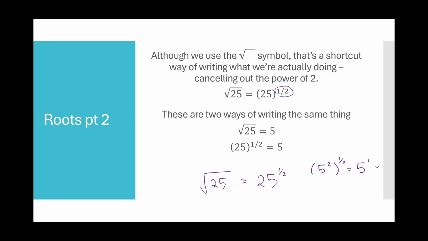This is 5 to the 1, which is equal to 5. But let's think about this a different way, just with the numbers. 5 squared is 25, and then we're taking the square root of 25, we're back to 5. So just kind of two ways of thinking about why those are inverses of each other, why they undo each other.